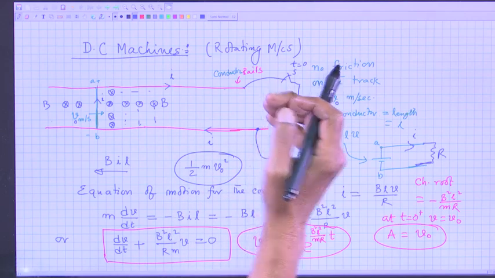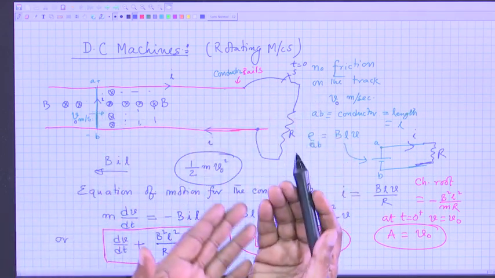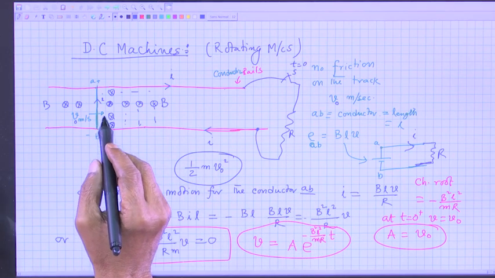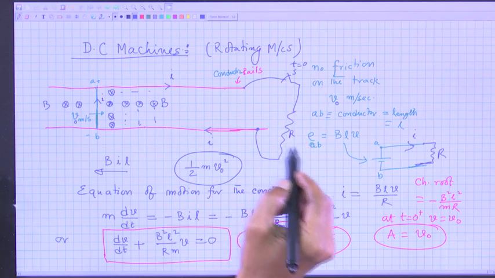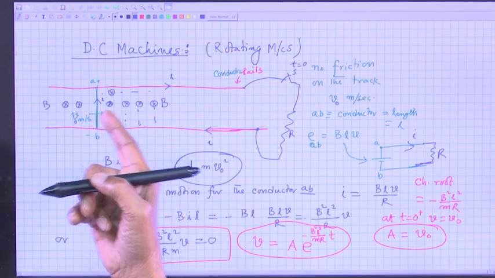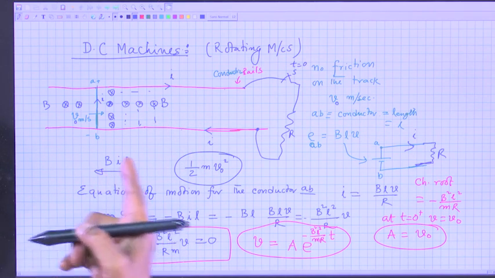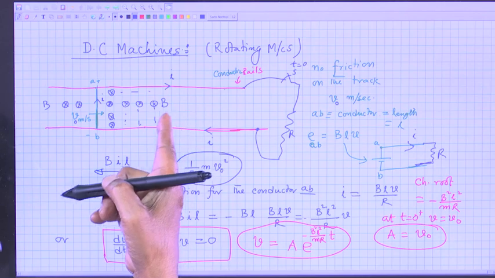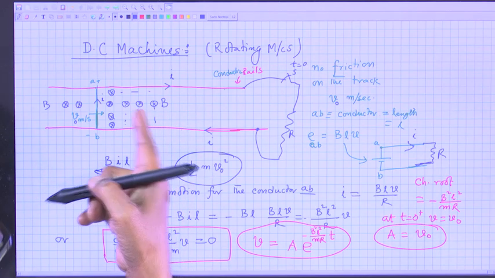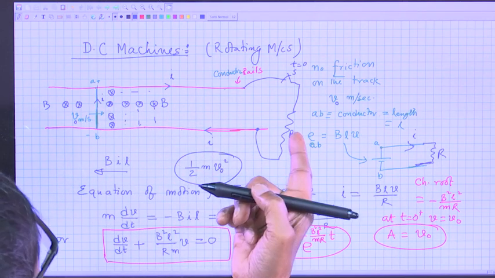The moment you want to extract power out, because of its kinetic energy only it was delivering power, but now the moment you demand that I want to get power in this resistance continuously, then rather make the velocity constant by compensating this opposing force from left to right, then nothing will be coming out from the kinetic energy to here.